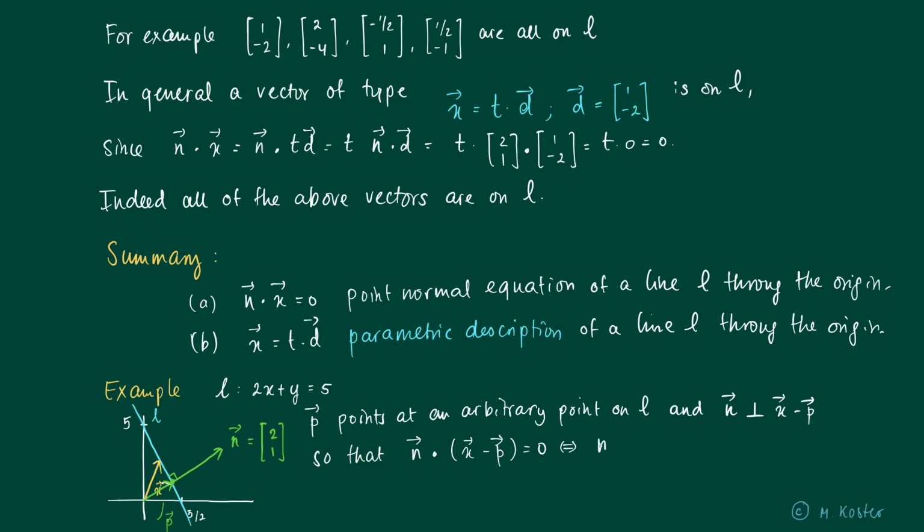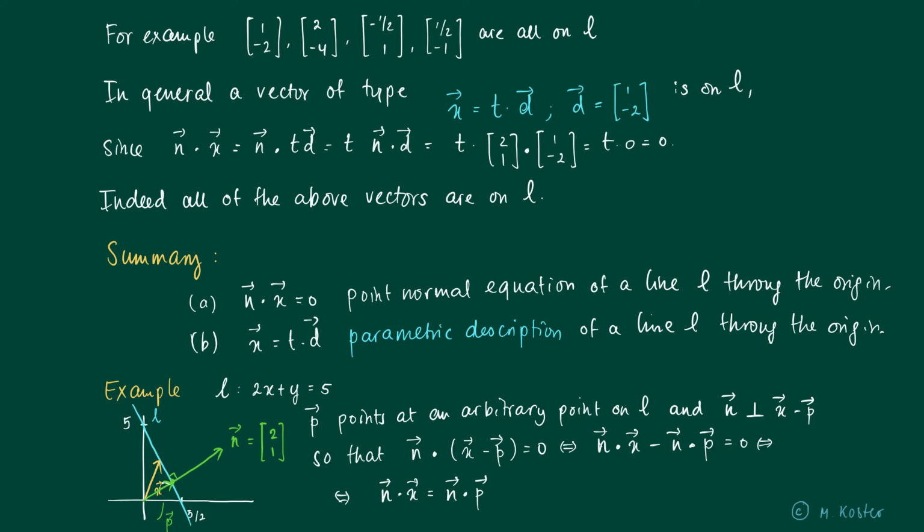So if we work this out, the inner product of n with x minus the inner product of n with p equals 0, which is equivalent with stating that the dot product of n with x equals the dot product of n with p.